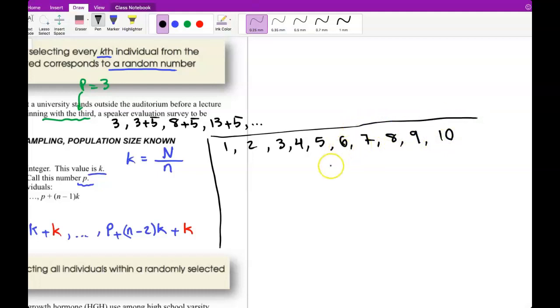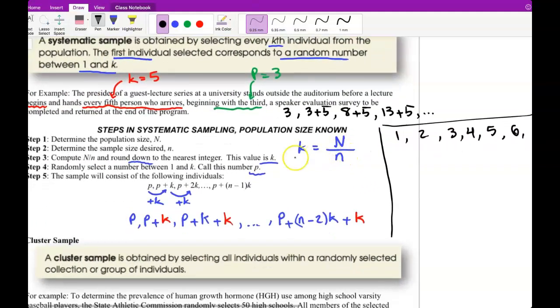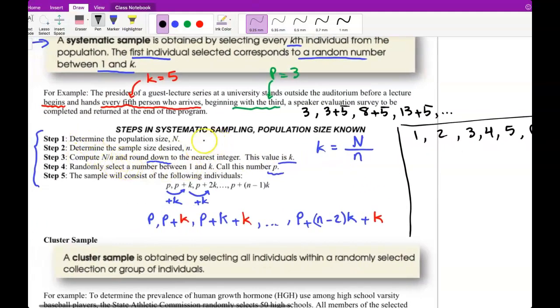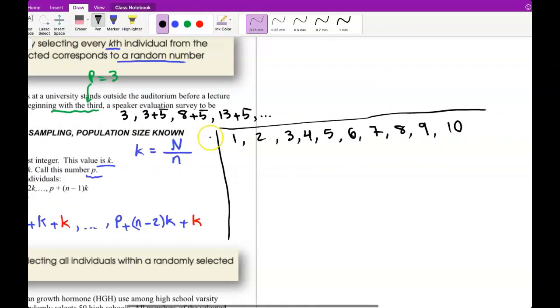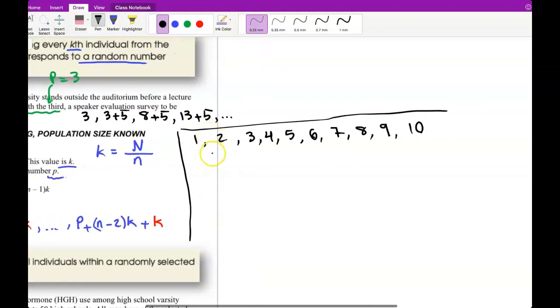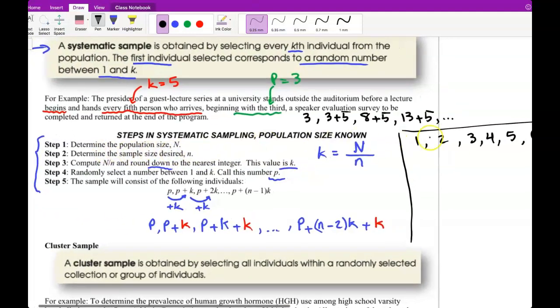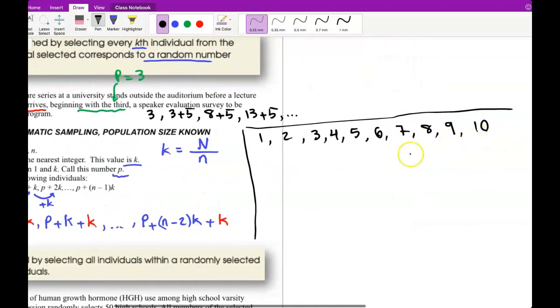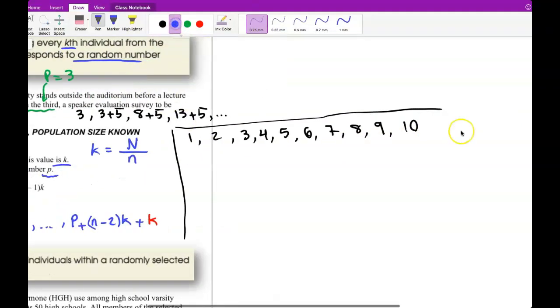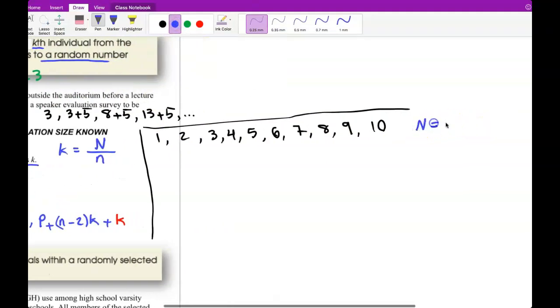Then I want to select our sample from this part using these steps. So use systematic sampling. The first step, determine the population size. We already have that one. N is population size. N is 10.